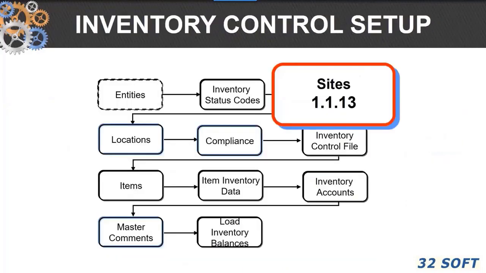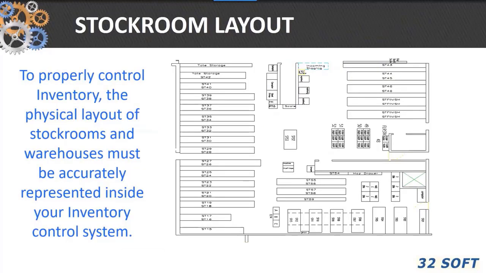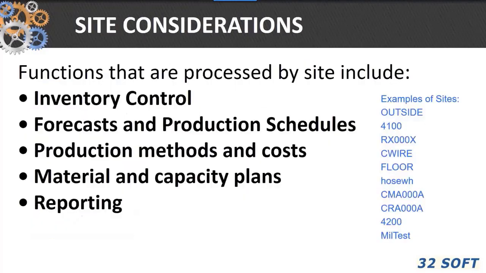So once we've got entities and status codes, now we can talk about sites. And the physical layout of the facility should be as closely as possible related and represented inside your inventory control system. And you do that through the establishment of sites and locations. Sites are basically where you do inventory control.